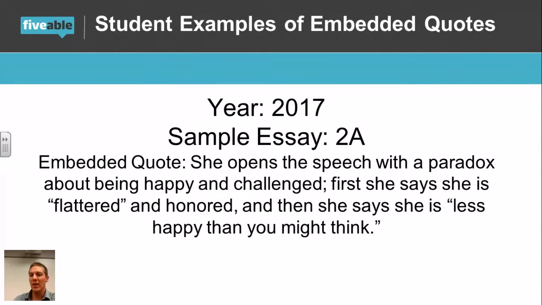Who's in control of the writing here? The student or who the student's quoting? I would argue the student is fully in control. Now look, there's actually 2 different quotes in the sentence. Flattered, and then at the end, less happy than you might think. 7 words total. But there's a lot of unpacking that's going to follow in terms of the student's analysis. Again, that's not our focus today. Please know that that's what's going to follow.